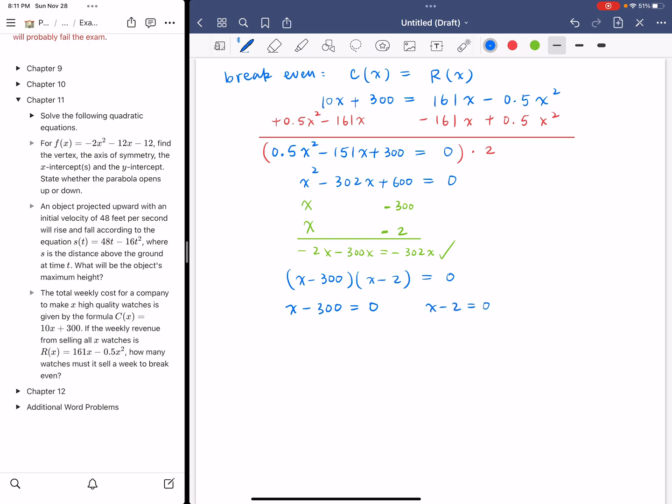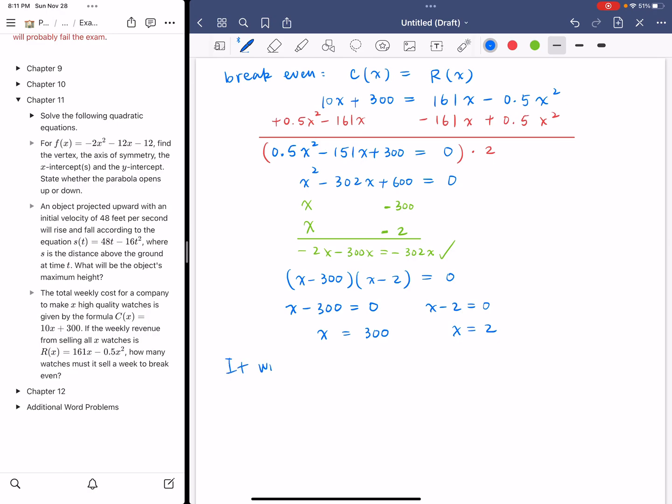And then you solve for each of them. X could be 300 or x could be 2. Because both solutions are positive, you could simply answer that selling 300 watches or 2 watches a week will break even.